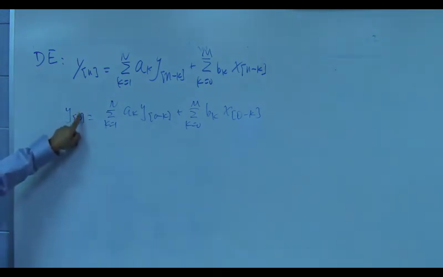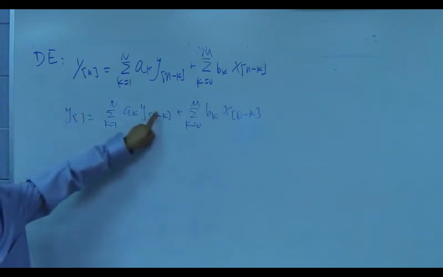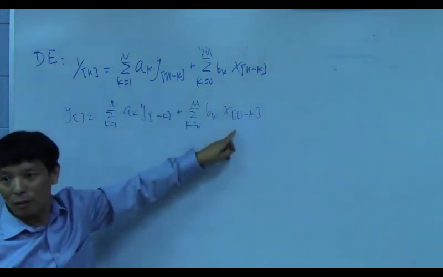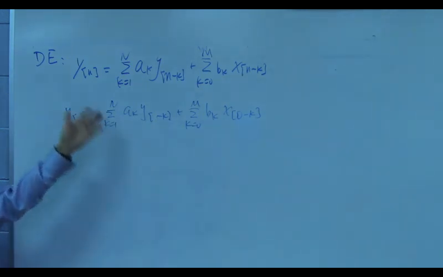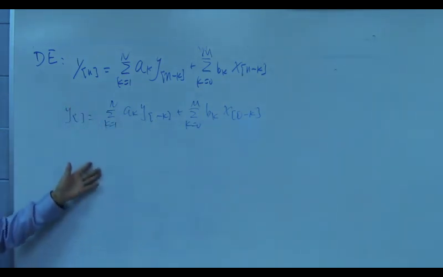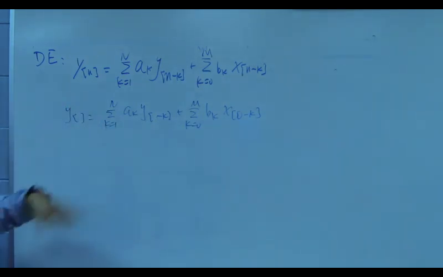For y[1] you change n to 1, so this one changes to 1, this one changes to 1. And for 2 you change to 2. So you do this recursively, by iteration. Any time, just use this form. We mentioned this before, so I won't discuss the details. You should be able to do this.